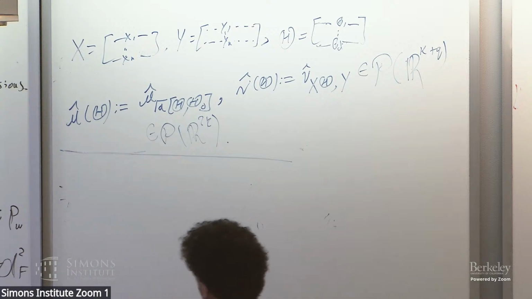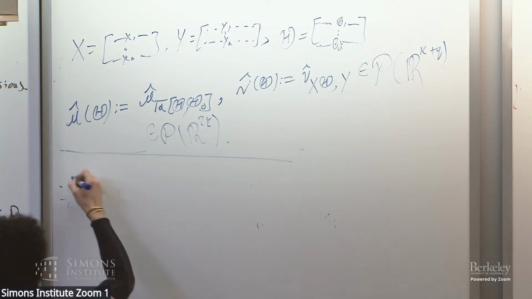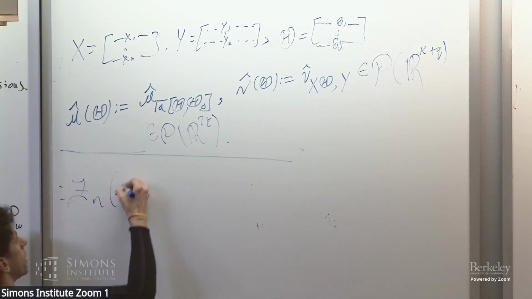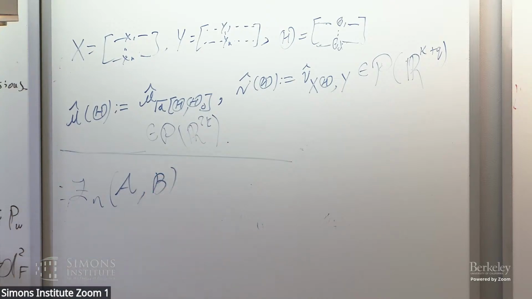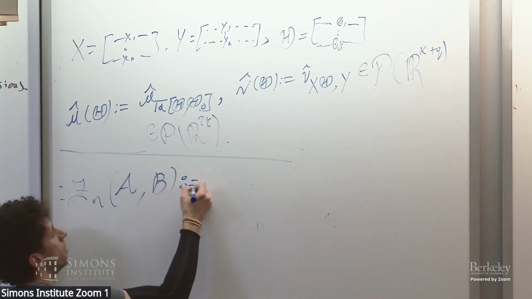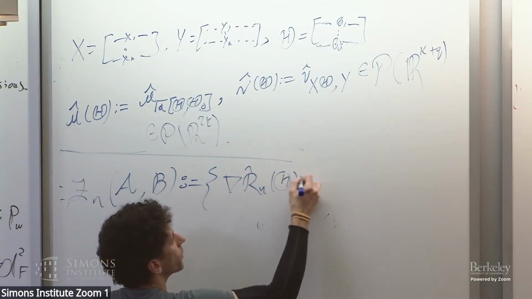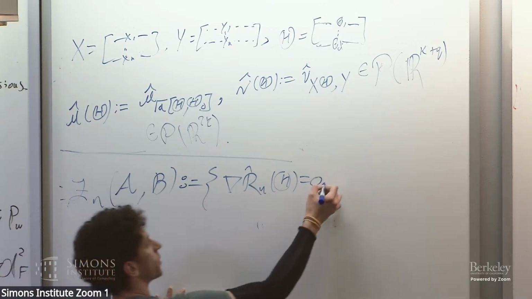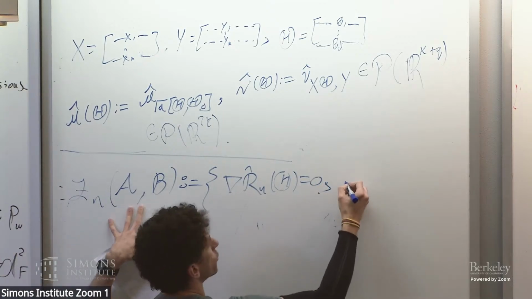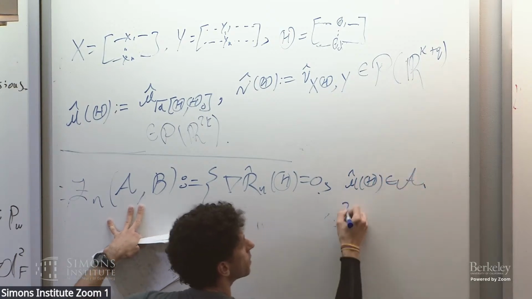My first result is going to be a bound on the expected number of zeros. So first, I need to define for you what the set of zeros is that I can quantify. It's going to be the set of theta where the gradient is equal to 0, just a stationarity condition. And I'm going to use A and B to localize my minimizers.